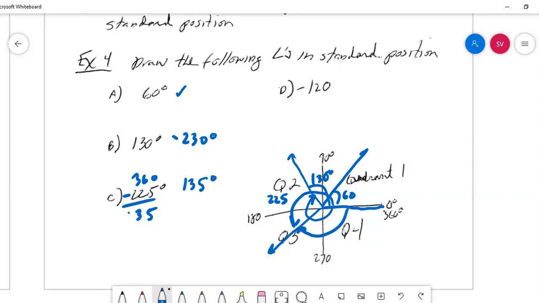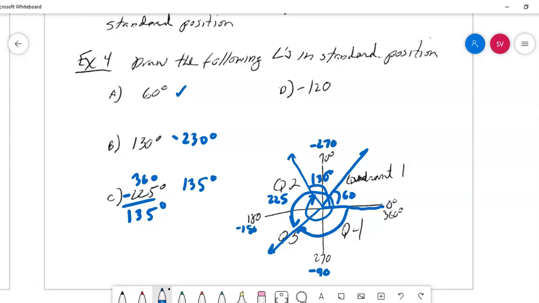Okay, and then minus 120, that'll be in quadrant 3. We're going from 0 to minus 90, and then here's minus 90 to minus 180. We could show it like that as well. This is minus 90, minus 180, minus 270, and then you could say minus 360.